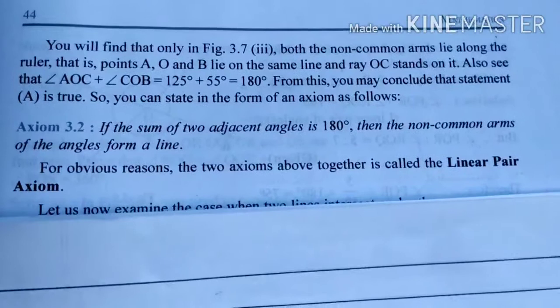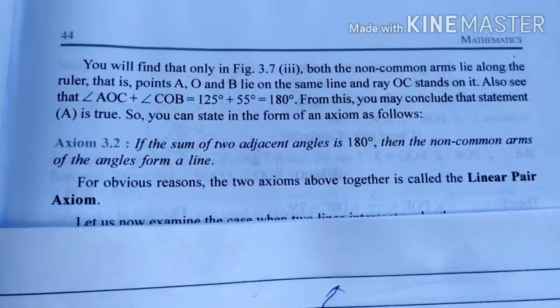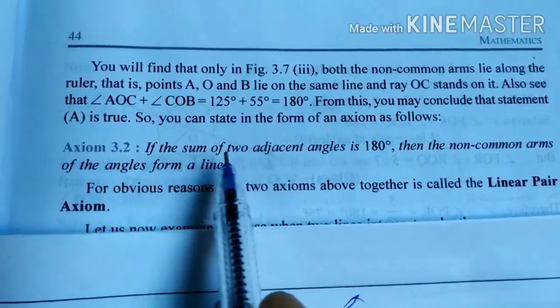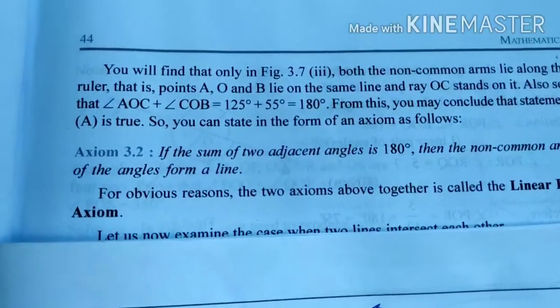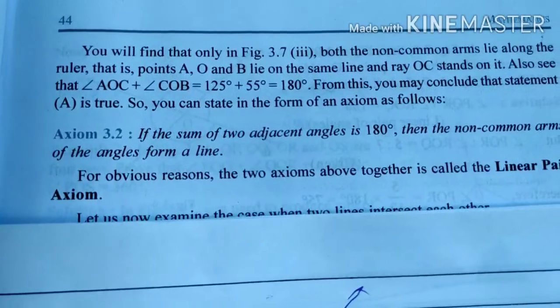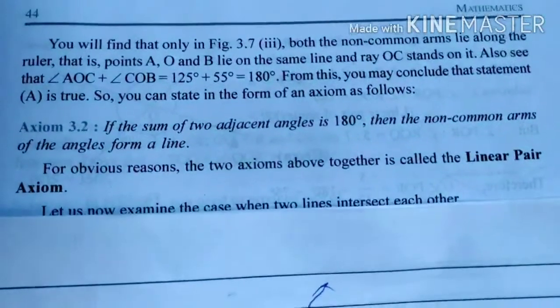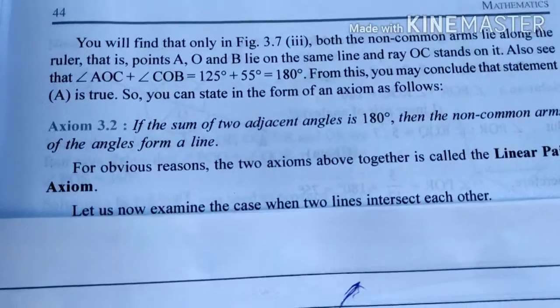That is, whenever you consider two adjacent angles, if the sum of two adjacent angles is 180 degrees, when you add the value of x and y, if that is 180 degrees, then the non-common arms form a line. When you consider adjacent angles, this is called the common arm.